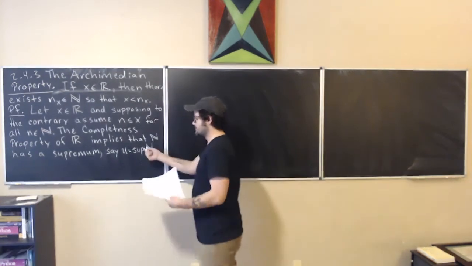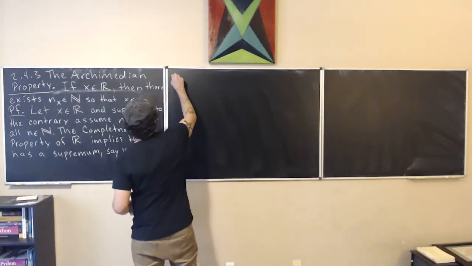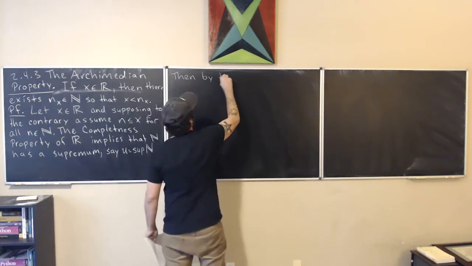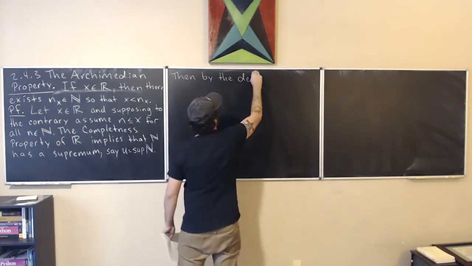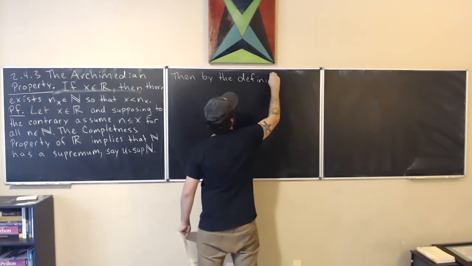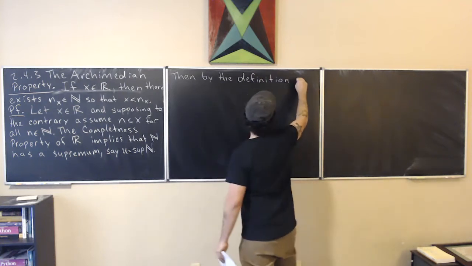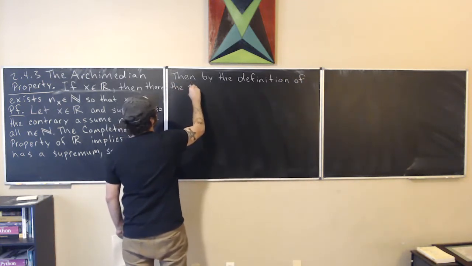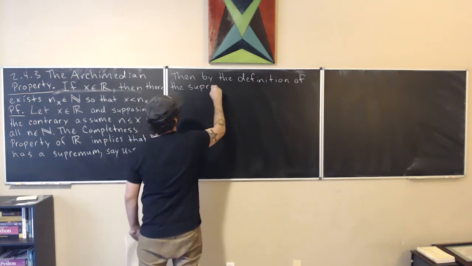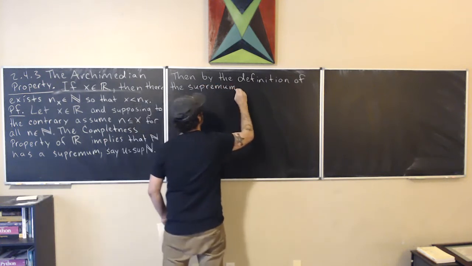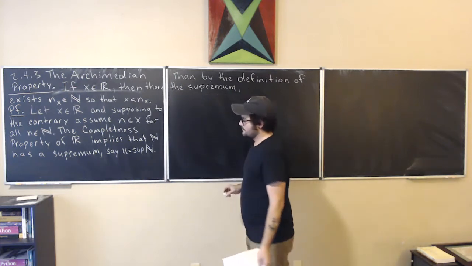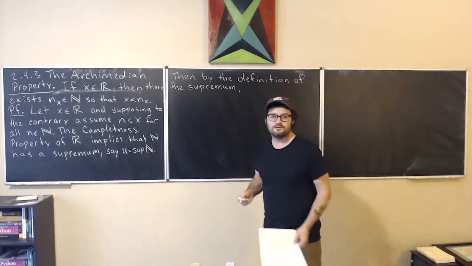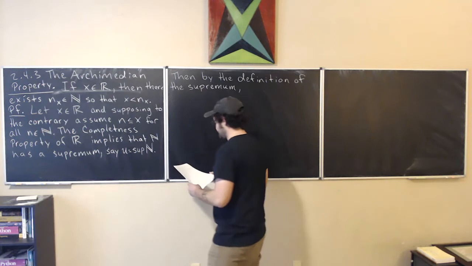So then by the definition of the supremum, since U is the supremum of the set of natural numbers, U minus 1 is no longer an upper bound of the natural numbers.